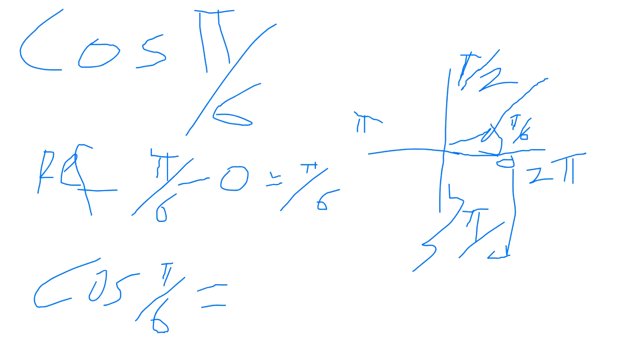Then your answer will obviously be root 3 over 2. Please, any questions with the first one? Can we go on? Yes, sir. Okay, good. In the absence of questions, let's go on to the second one.